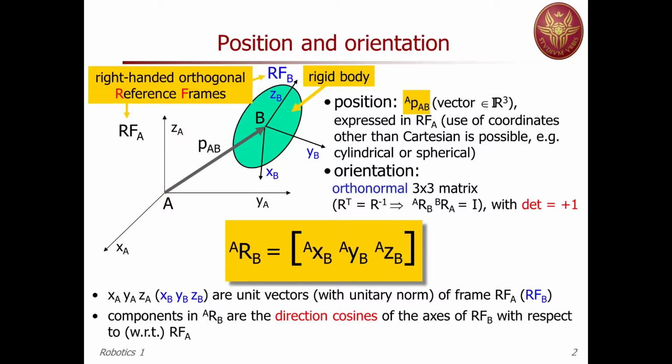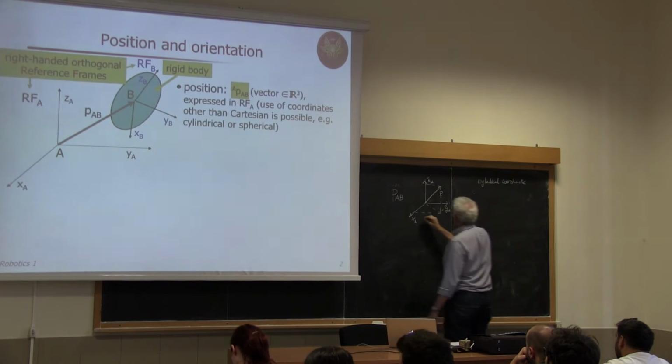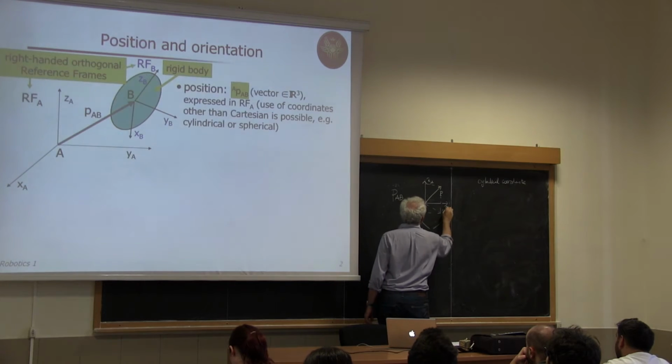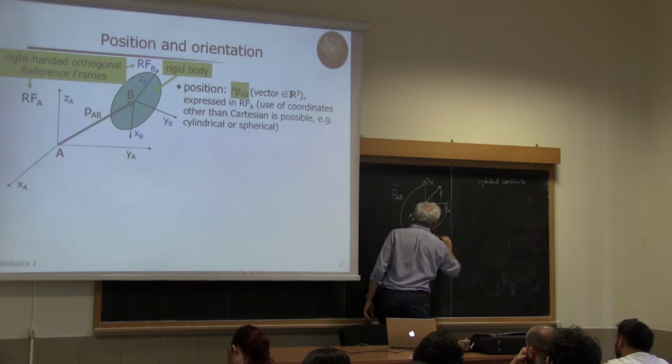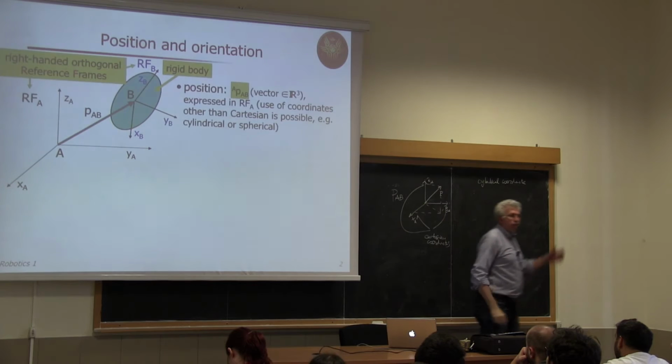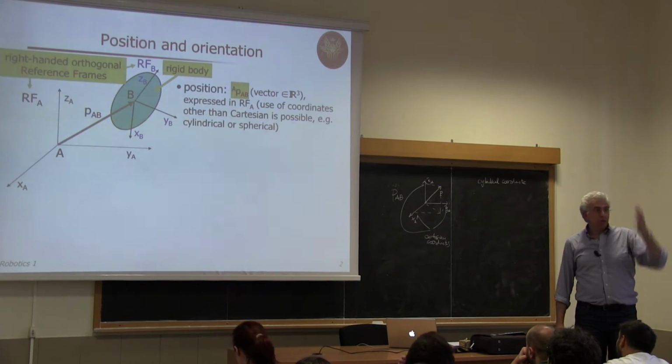Of course, you may use other sets of coordinates. For instance, you may use cylindrical coordinates. These are Cartesian coordinates of that point or of that vector, let's say the vector going from the origin to that point.